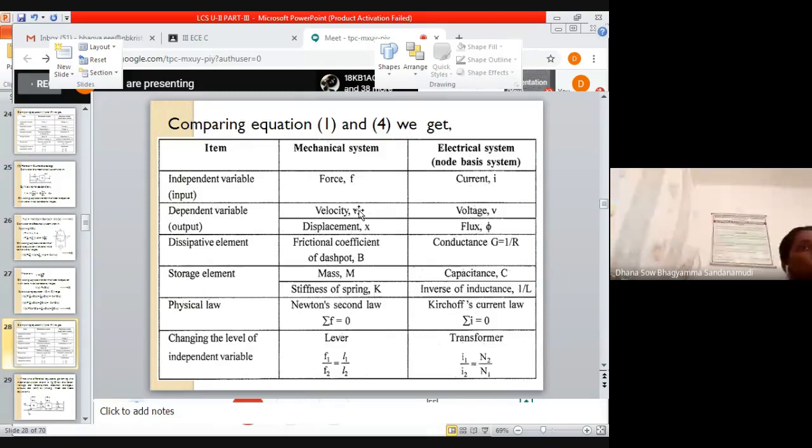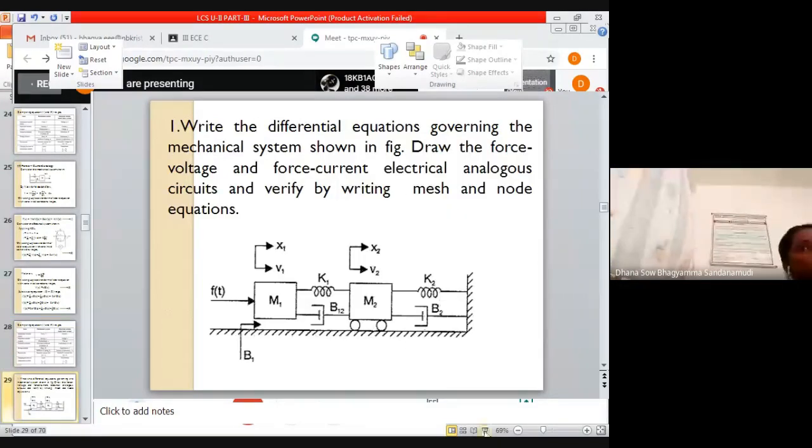If you see here, force is analogous to current, velocity is analogous to voltage, displacement is analogous to flux, friction is analogous to 1 by R or conductance, mass is analogous to capacitance, stiffness of spring is analogous to 1 by L, and Newton's second law is analogous to Kirchhoff's current law. So if you remember these analogous terms, we can solve the problems. Let us see how to solve the problems one by one.